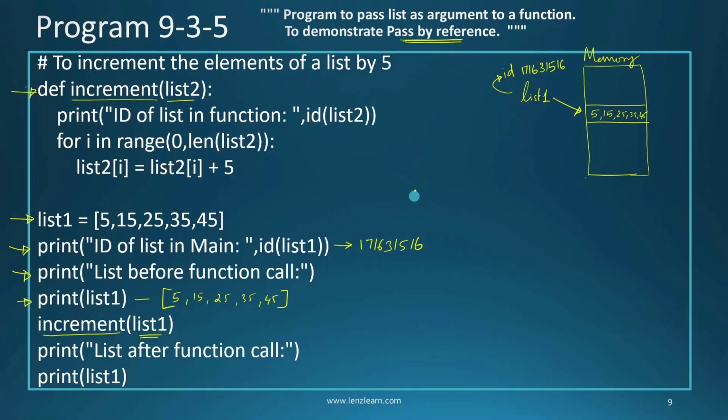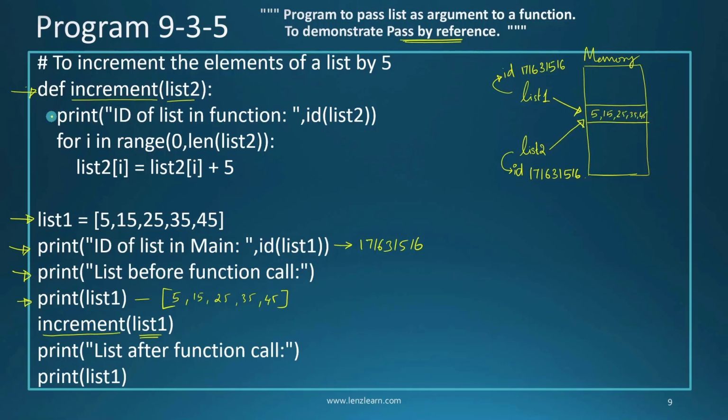Now the control will go to the function, and there a new variable list 2 is accepting this list 1. Python will create a new variable called list 2, and it will also point to the same memory location. So the ID value of list 2 also will be the same number as list 1, 171631516. It will be the same because they are referring to the same memory location.